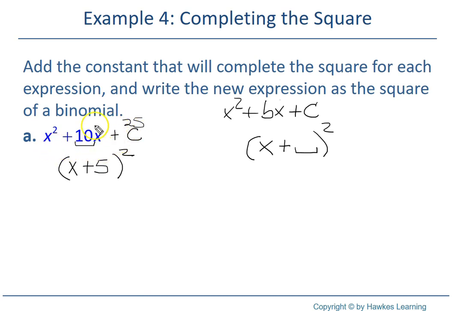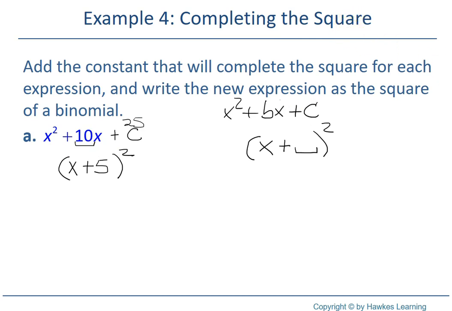And going through this process I've just described is called completing the square. We had the first two terms. We needed to do things to get our third term, our c term, that caused us to complete the square.